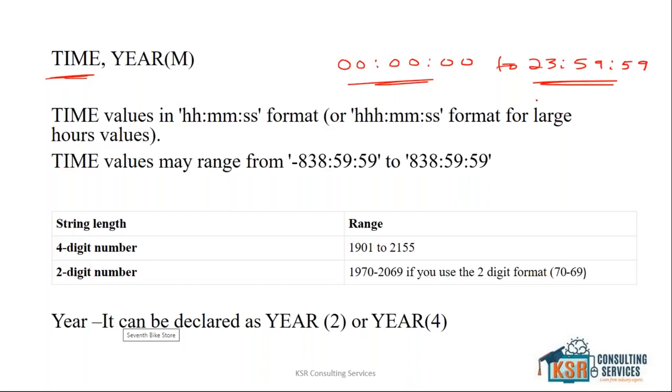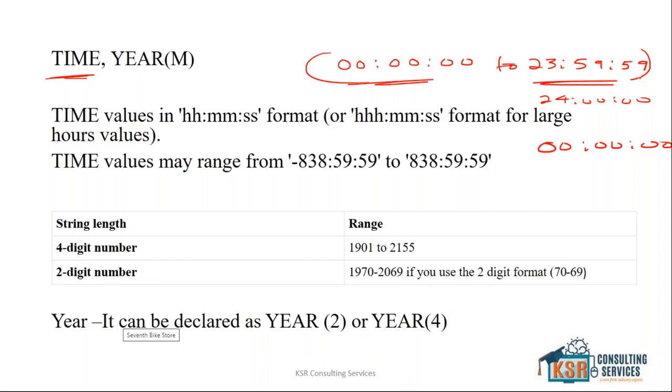After 23, it will not become 24, it will be reset to a new day. So this is what time is. From morning 12 o'clock to night 12 o'clock, if I want to store any transaction happening at a specific time, I can go with the time data type.